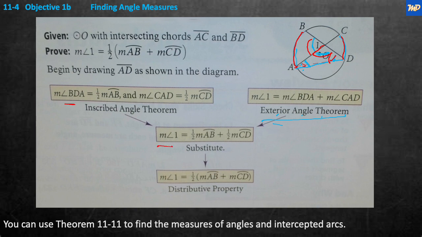It says that angle 1 is equal to half of BA and half of CD. Given that, we have angle 1 is equal to 1/2 the measure of arc AB plus CD. I've said it a couple times now, but that's exactly what it is.